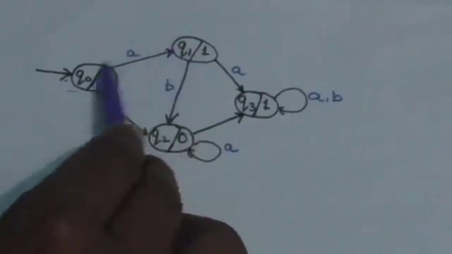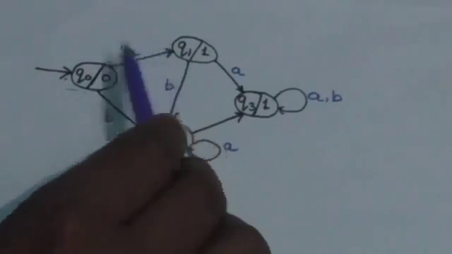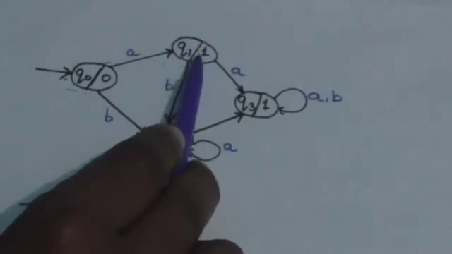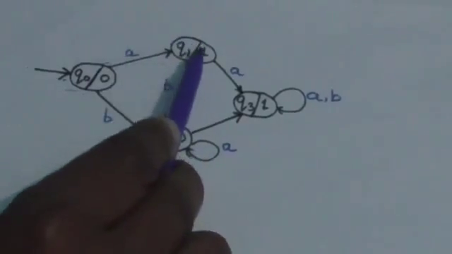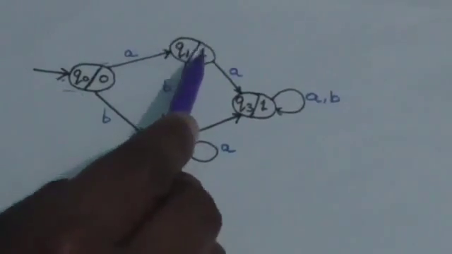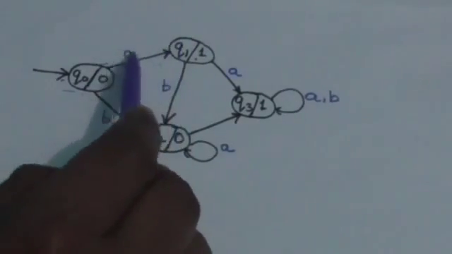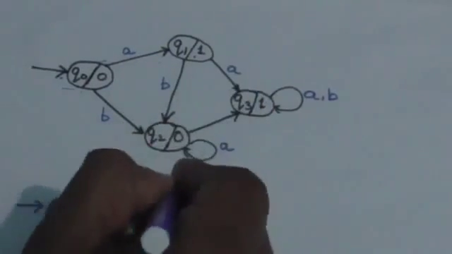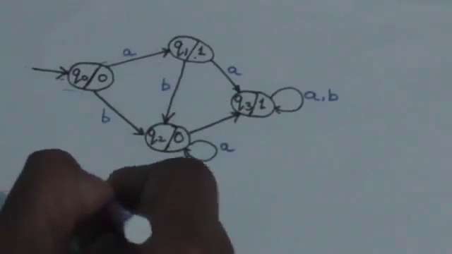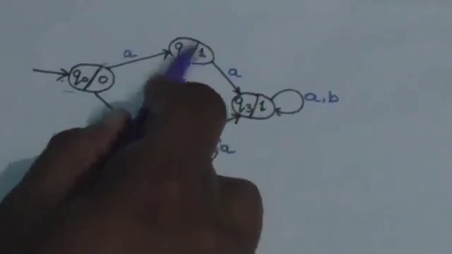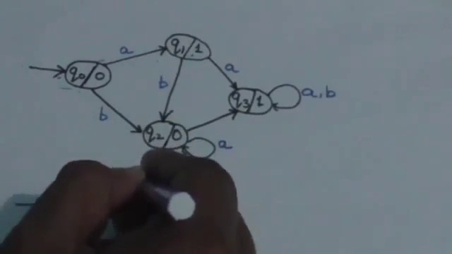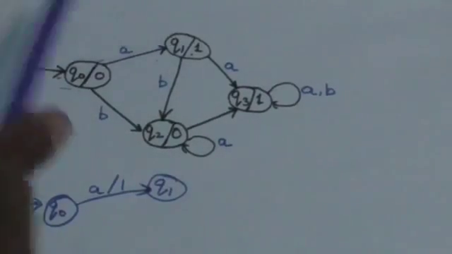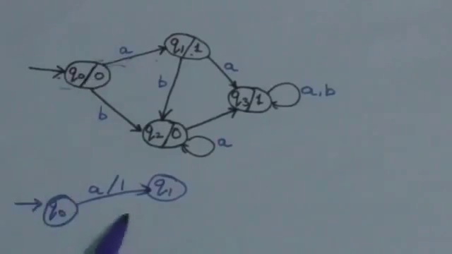It has an incoming edge which is labeled by input symbol A. Now the output symbol which is associated with this state, which is labeled with state, we will remove it from here and label it on the transition, that is on its incoming edge to this state. So I have removed it from here and labeled it on transition, that is on incoming edge.